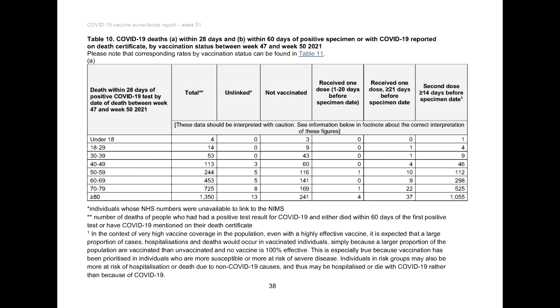So at the younger ages, people who are vaccinated are not dying. At the older ages, people that are vaccinated are still dying, probably because it's your immune system and your age that's actually the effect there. And obviously younger people's immune systems are better.